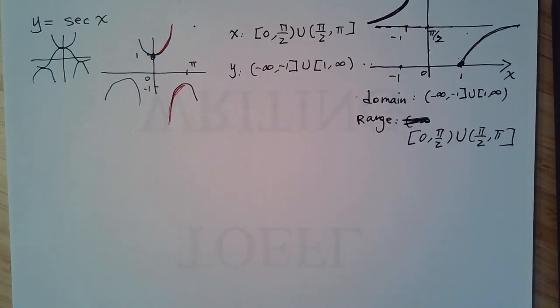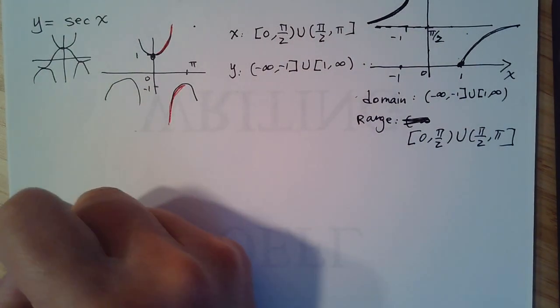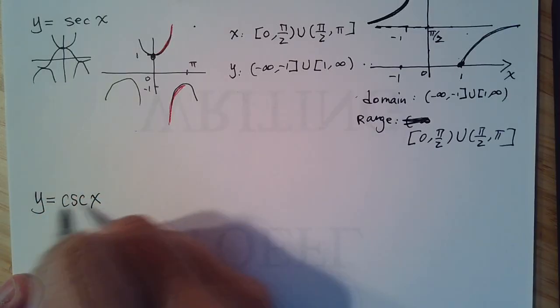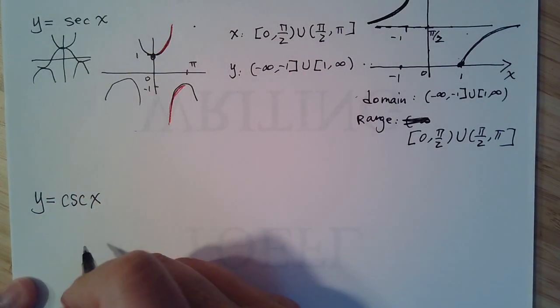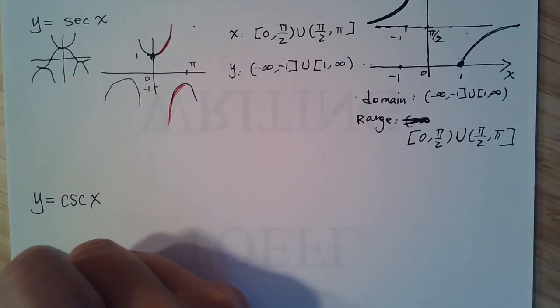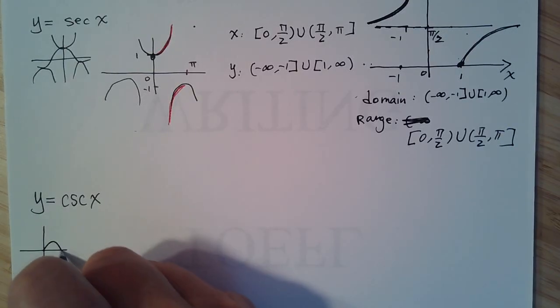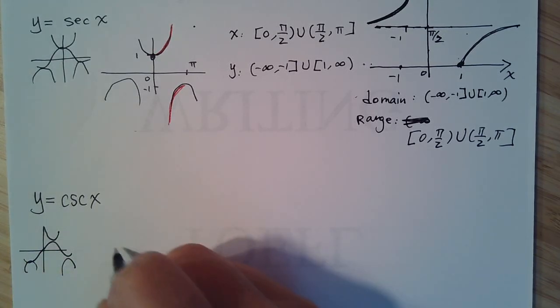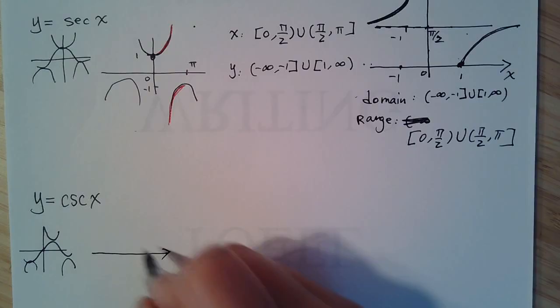Okay, very last one. We are going to graph y equals cosecant x. We're going to graph the inverse cosecant. Do you remember the cosecant comes from 1 over sine? 1 over sine looks like this. So cosecant looks like this, right?